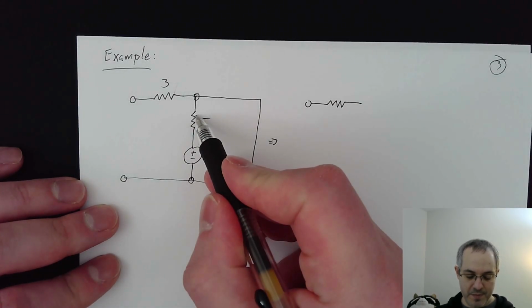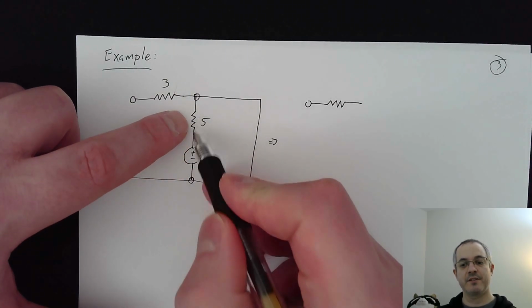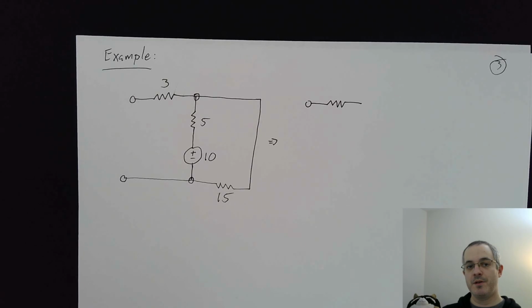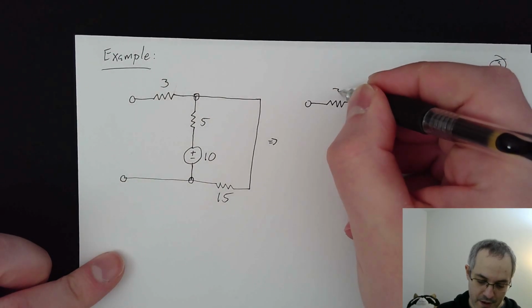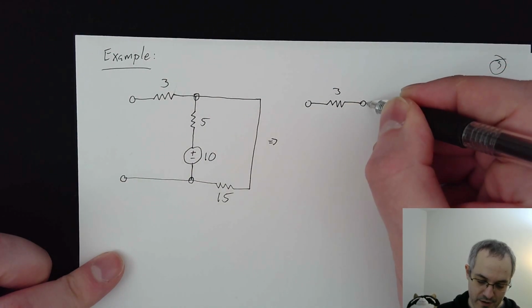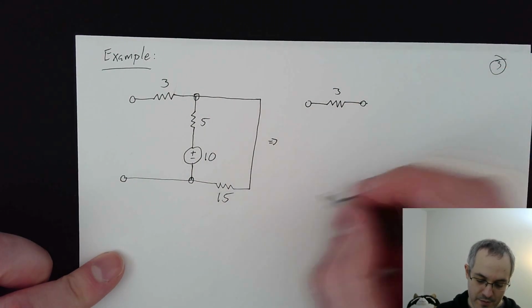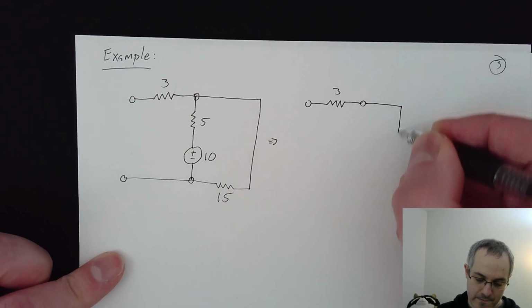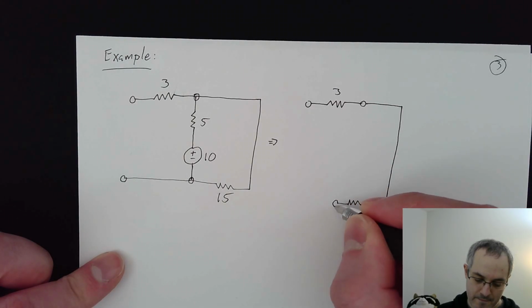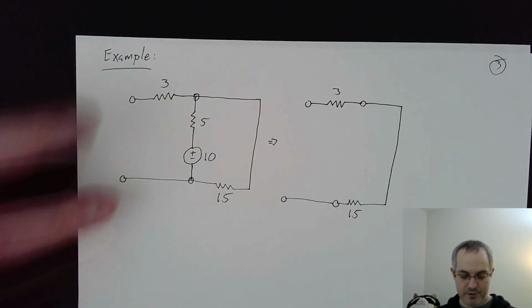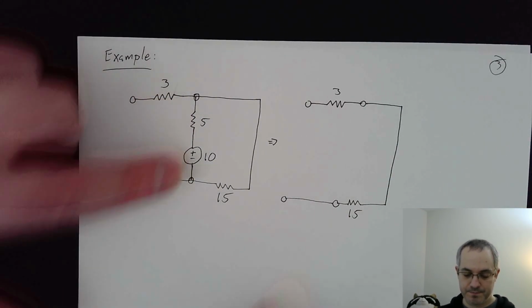What we're going to do is make this voltage source and resistor that are in series into a current source and a resistor that are parallel to each other. So we have this 3 and that end. Then we have this 15 and that end. So that's everything but this.